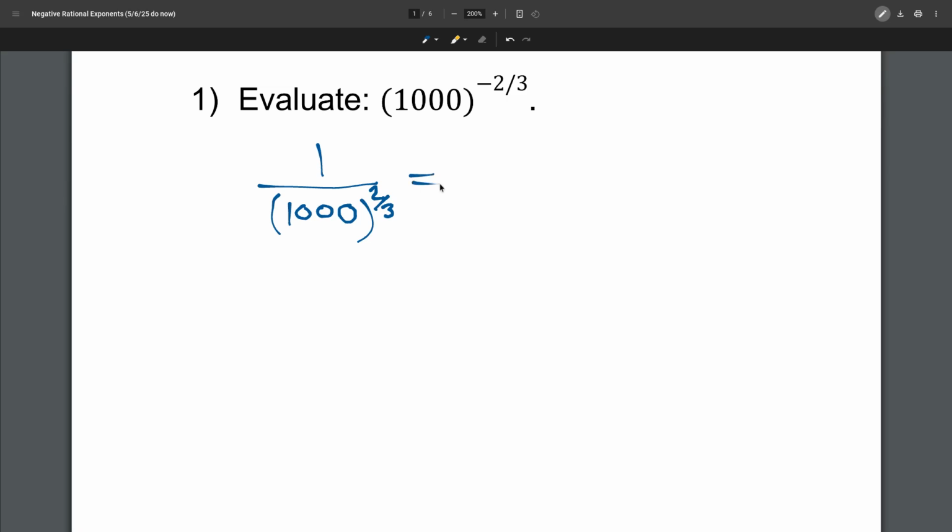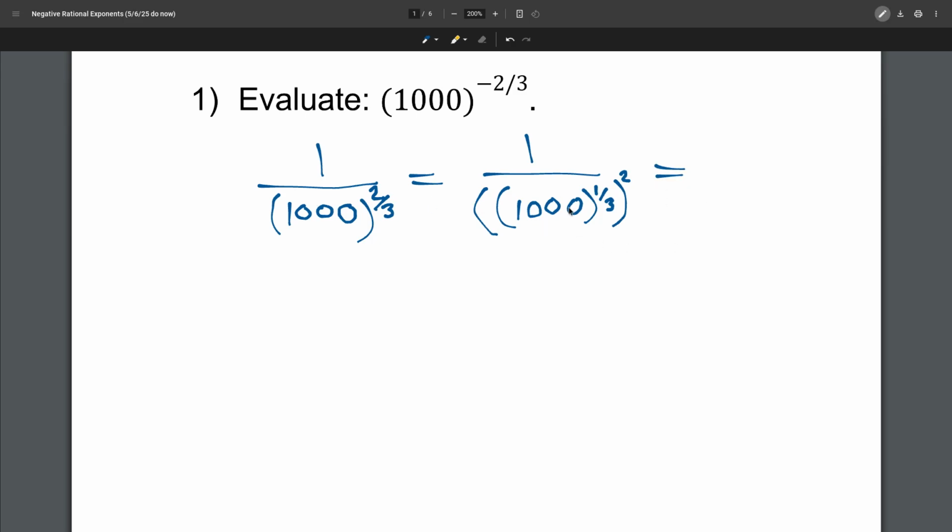And then we can go backwards from power of a power. So when you take a power of a power, you multiply the powers together. So I could go backwards, and do 1,000 to the 1/3 power. And then I could square that. So 1/3 times 2 is 2/3, right? So we went backwards there.